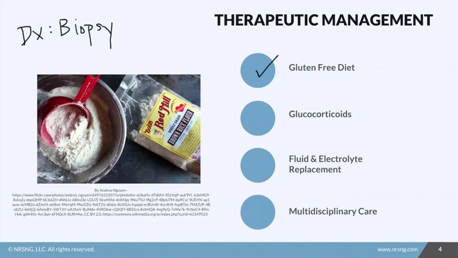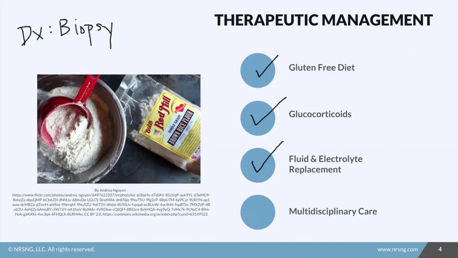A lot of times other foods like corn and rice are used as substitutes for the grain products they aren't able to eat. In more severe cases, glucocorticoids may be needed. This is pretty rare in children, but it's for patients whose symptoms aren't controlled with diet alone. And remember, if a patient is in celiac crisis, they're going to need fluid and electrolyte replacements.